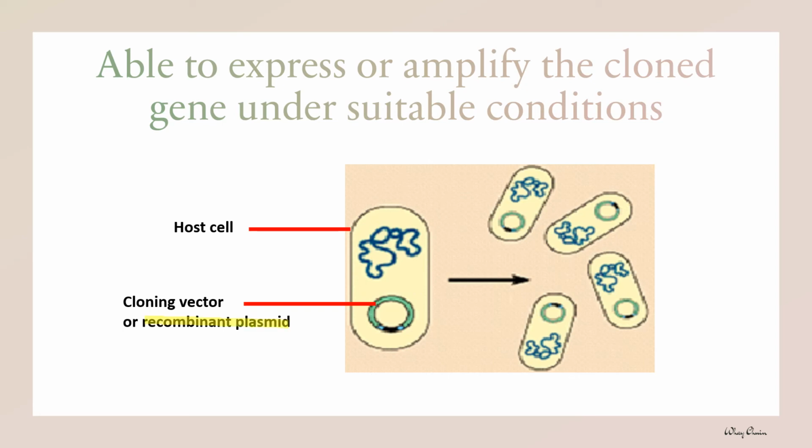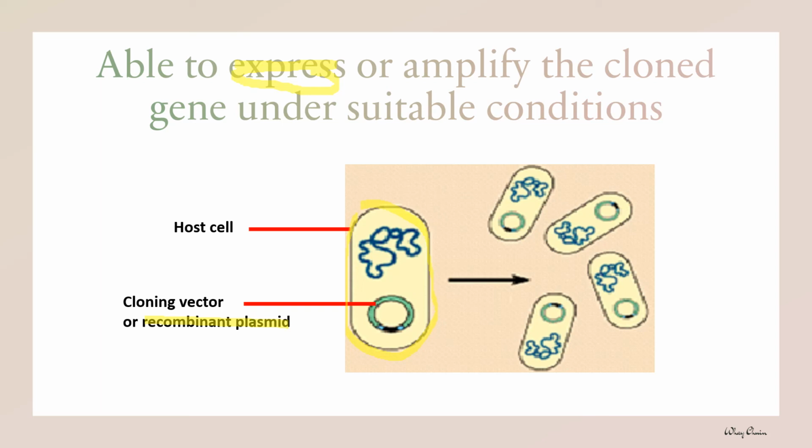Apabila recombinant plasmid ini dimasukkan dalam satu host cell atau sel berumah, dia mesti berjaya menunjukkan keupayaan menghasilkan produk mengikut gene yang dibawa itu. This is what we say express. The concept is similar with what we have studied in chapter 5. The genes can be expressed through transcription and translation process by producing the proteins that determine particular phenotype.